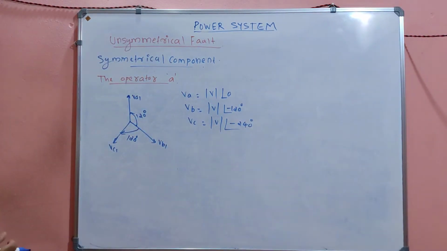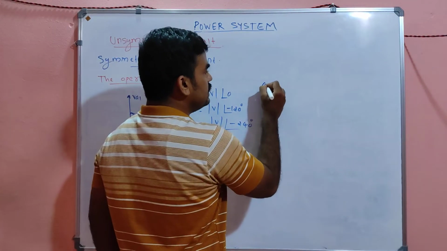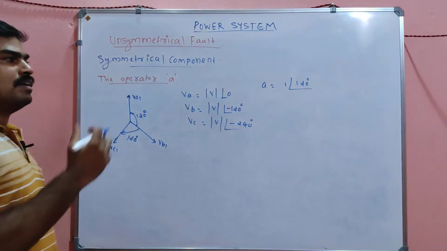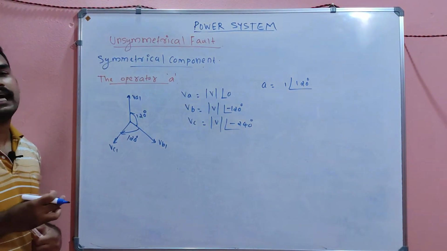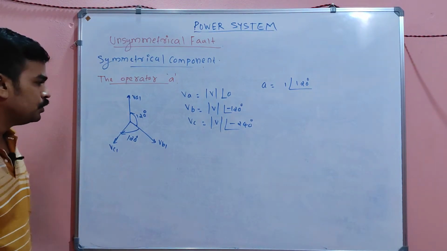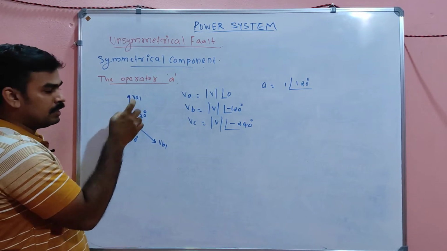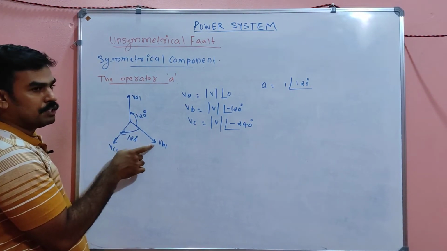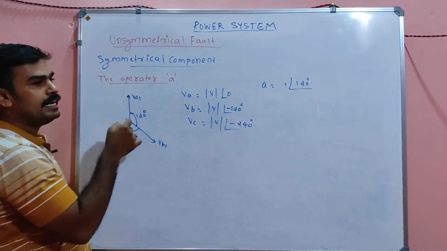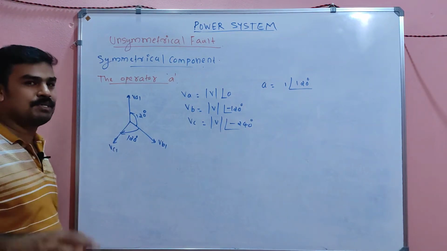240 degree. So the operator A is nothing but one angle 120 degree. One angle 120 degree is represented as A. So I can say that VA1 is 120 degree leading with respect to VB1, and VA1 is 240 degree leading with respect to VC1, that also you can say.